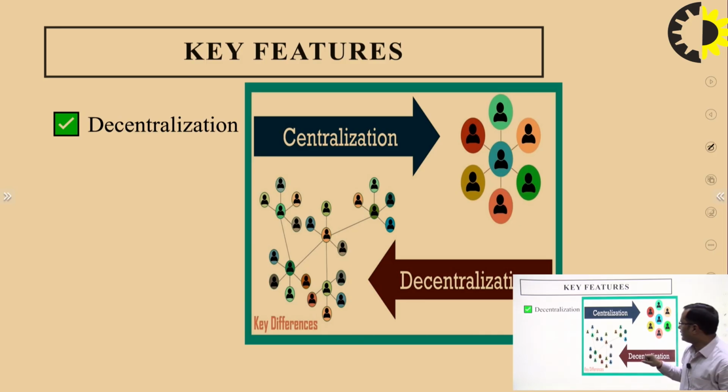But if we see the decentralized system, here are a number of nodes, a number of peers, and all have the same data available. All have the same control. No one has the full authority over the data. Everyone has the same authority. But in the centralized system, the whole authority goes to a single person or a single authority.